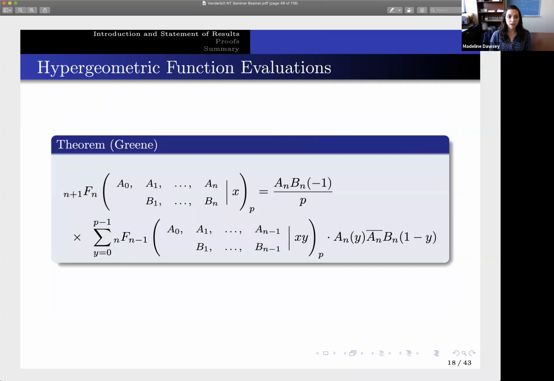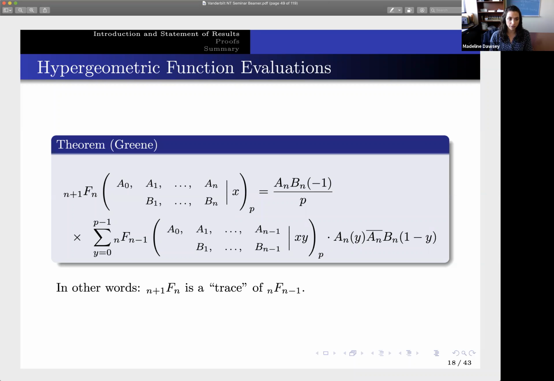We also have a lot of really great formulas from Greene, who made a lot of progress on hypergeometric functions. And he proved, for example, this one formula for (n+1)F_n in terms of a sum of nF_(n-1). And so this is really useful because it basically gives the hypergeometric functions as traces of the lower hypergeometric functions. So this is really nice to simplify things sometimes.